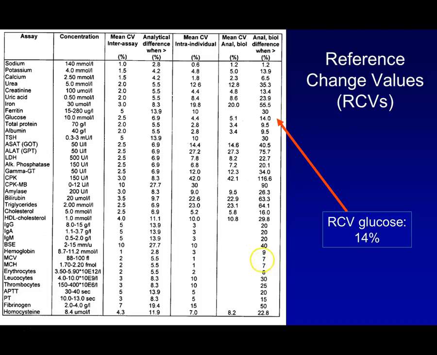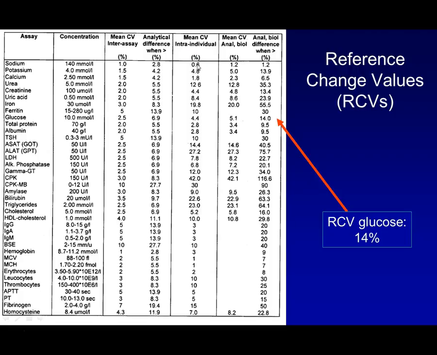To come back to reference change values, they differ quite a lot. For example, serum sodium has a very low reference change value, which is not surprising because the mean intra-individual variation is very low.